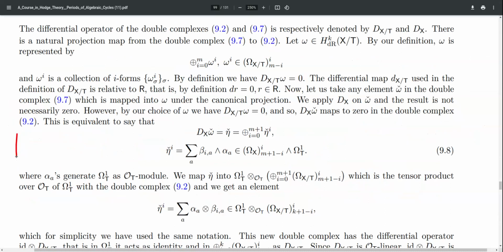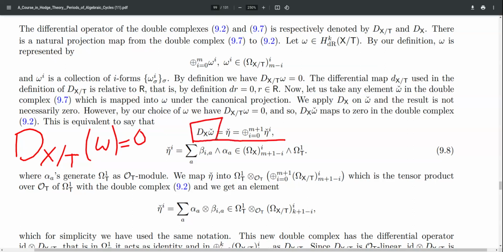So the differential of the relative case of omega is equal to 0. When we apply the non-relative differential d_X of omega hat, it will be an element like this, and this must be 0 in the relative version of differential forms. So this means that omega hat will have this sum of beta_i wedge alpha_i part, where alpha_i is in Omega^1_T.